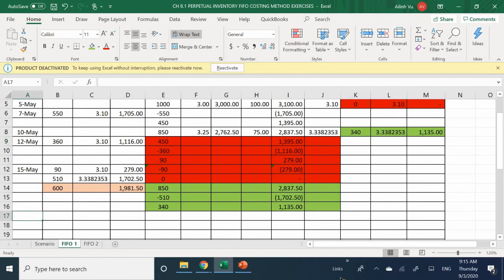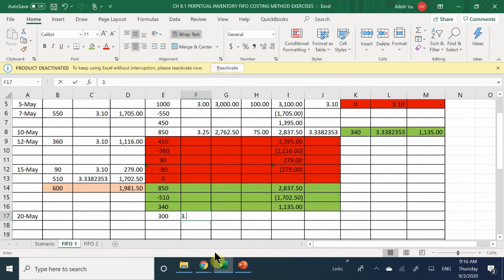So use your inventory worksheet to your advantage. You can use up all the space that you need, because ultimately, if you're using Excel, you have all the space you need. If you're writing this down on paper, you're going to need to print out a lot of extra worksheets. Okay. So in this case, we purchased 300 items at $3.50.